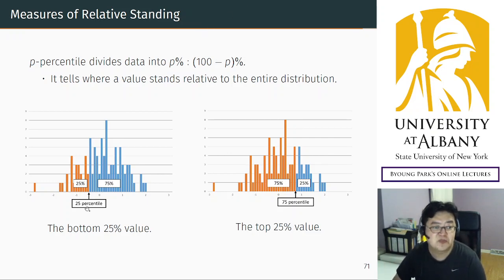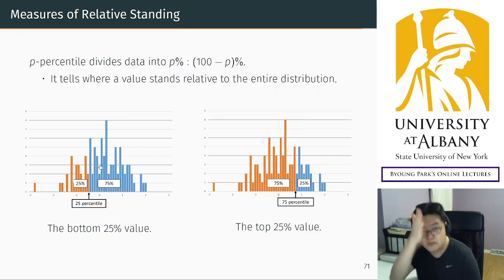So that's called percentile. In this example, in this graph, we divide the probability into 25 to 75. Then this cut point is the 25th percentile, and you interpret this as the bottom 25% value. Similarly, you may change the ratio to 75 to 25.